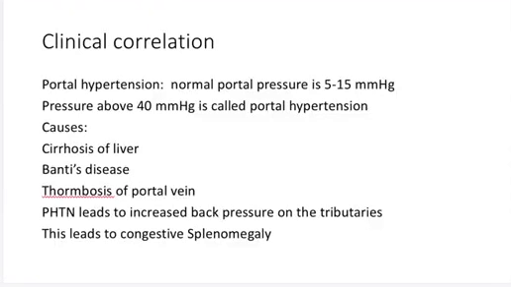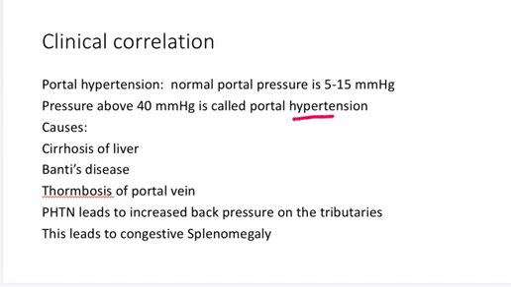Now what is the clinical importance of this portocaval anastomosis? The first important thing you have to understand about the portal vein is portal hypertension. The normal portal pressure is about 5 to 15 millimeter Hg, that is millimeter of mercury. Whenever this pressure rises above 40 millimeter of mercury, it is known as portal hypertension.